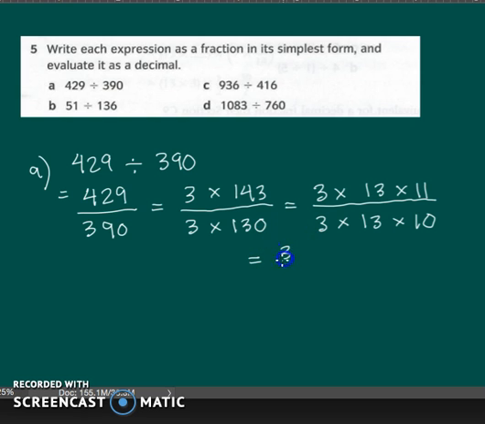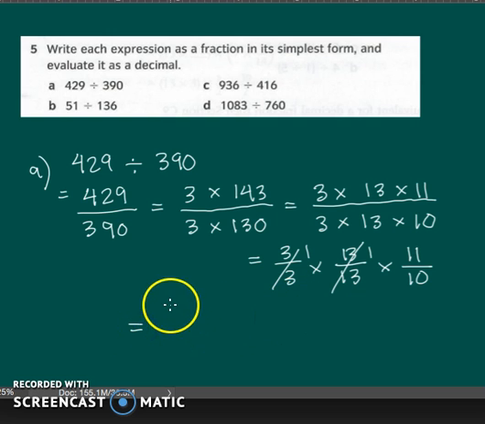And this can be rewritten as 3 over 3 times 13 over 13 times 11 over 10. And this will cancel out, become 1. This will cancel out, become 1, and I am left with 11 over 10.